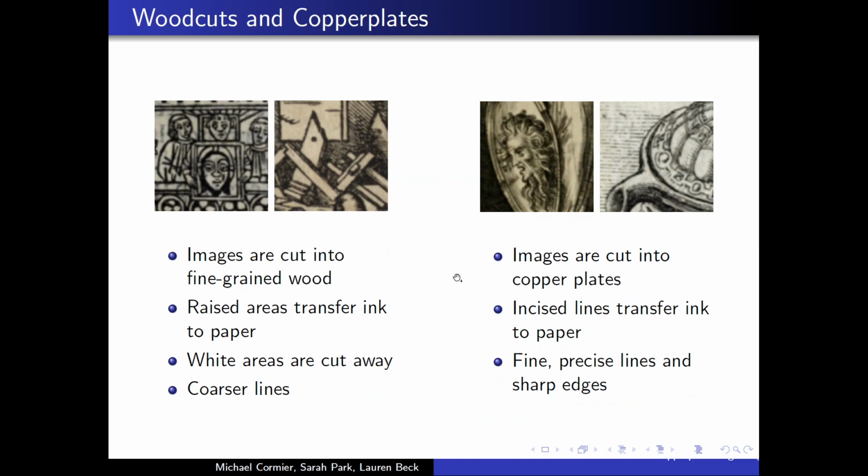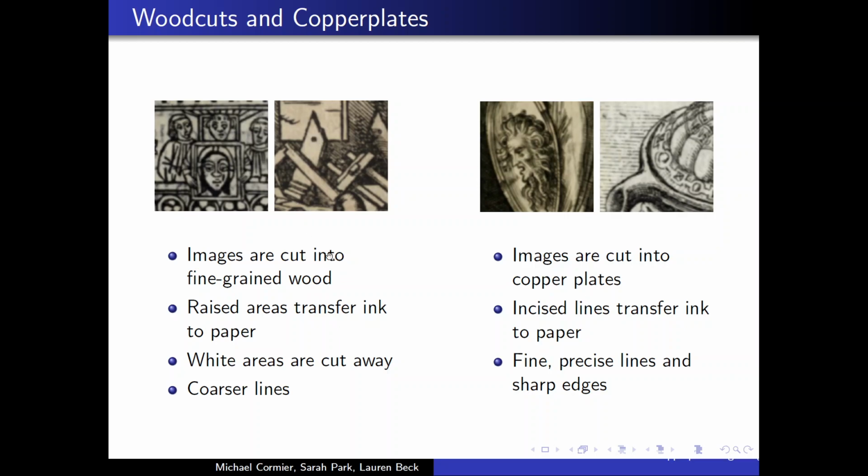Now, these differences are related to how these images are actually produced. In a woodcut, the column on the left, images are cut into fine-grained wood, often boxwood. The raised areas transfer ink to paper. The white areas in the image are produced by cutting away the wood below the surface.